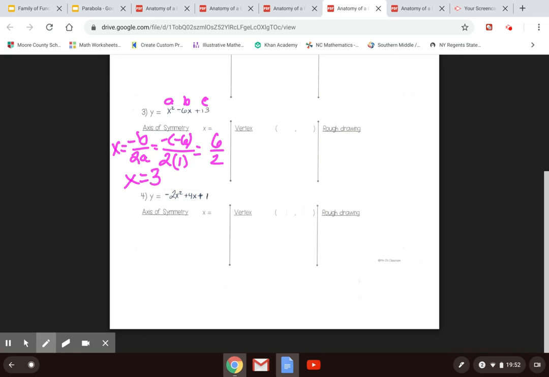So for this particular problem, my axis of symmetry is going to be the line x equals 3, which is a vertical line through 3 on my coordinate plane. So then I'll put my 3 here, and then I'll take my function of y equals x squared minus 6x plus 13, and I will just substitute 3 every place there's an x.